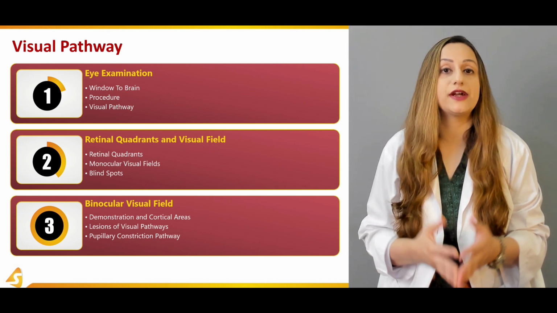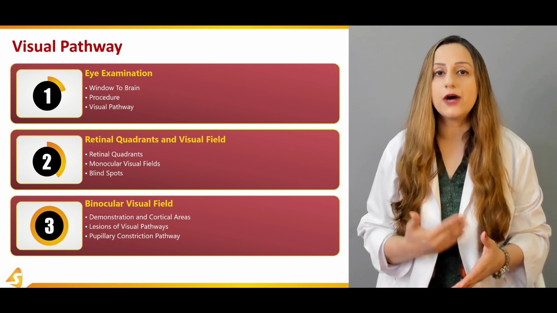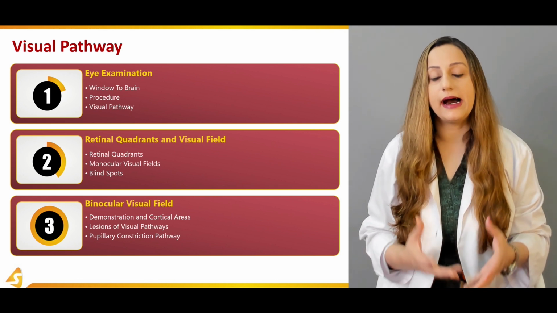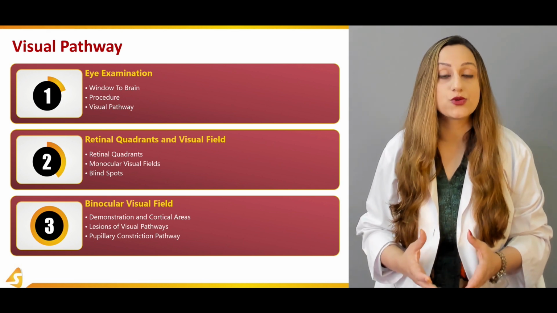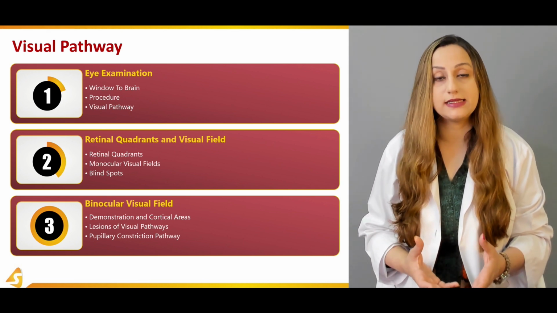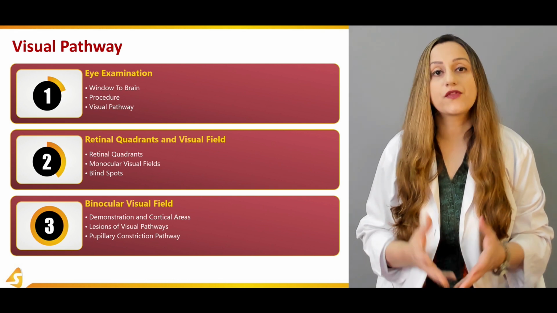In this first section, we'll be dealing with how you examine the eye of an individual to detect abnormalities in the normal visual pathway of that particular patient.